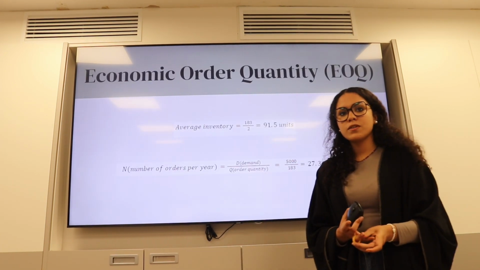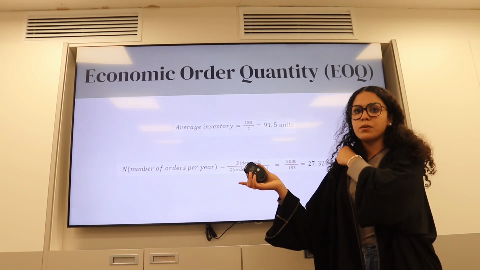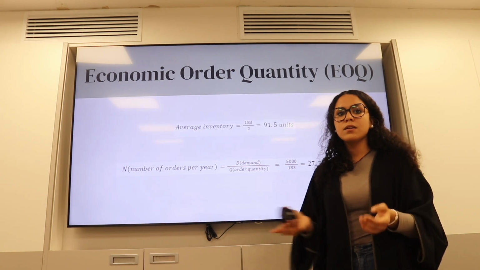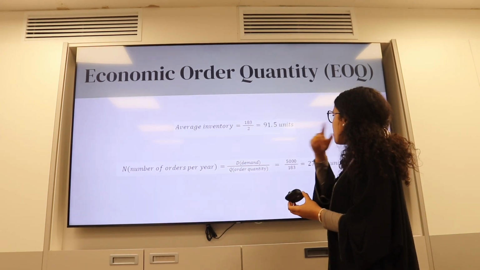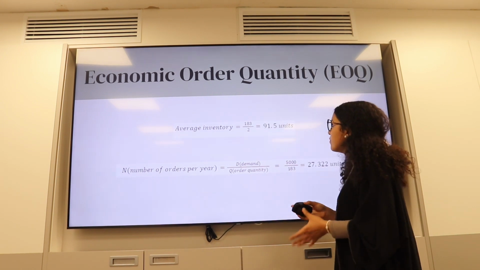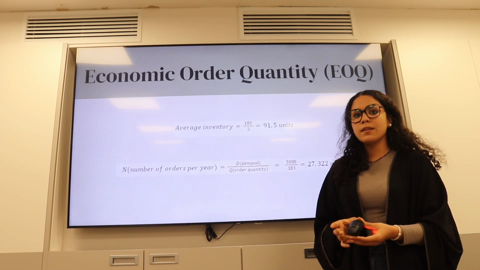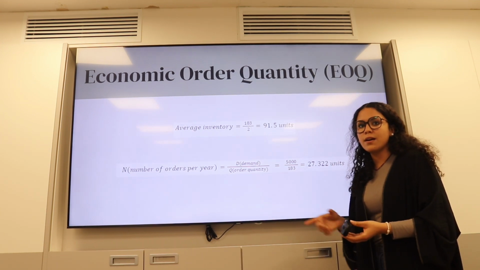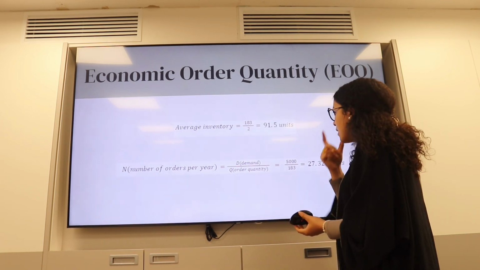Then we can establish our average inventory, which would be the optimal ordering quantity divided by 2. The result is 91.5 units. And we can also see the number of orders required to satisfy our needs.